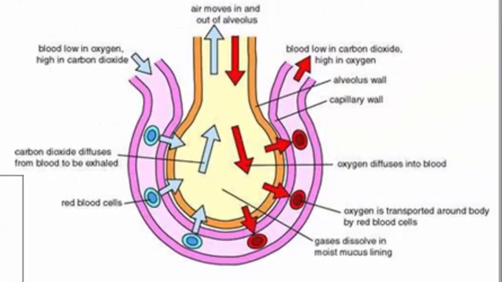So let's look at the image here on the right, and it's a little bit more detailed, but basically showing the same thing, that the red blood cells are flowing by the alveoli, and gases are flowing out into the alveoli from the bloodstream, that's carbon dioxide, and there's gases flowing in to the bloodstream from the alveoli, and that is oxygen. So pause this and read these little notations.